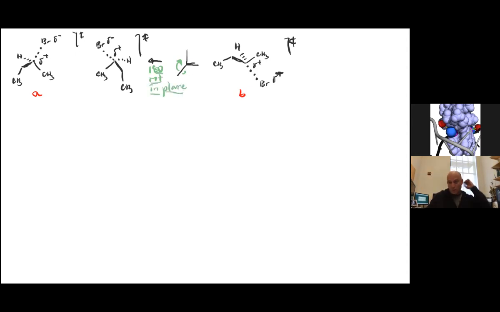Okay, and so we do a 180-degree rotation in plane, and that is the same as the B transition state, okay? But hopefully what you can see now is that these two are enantiomeric.